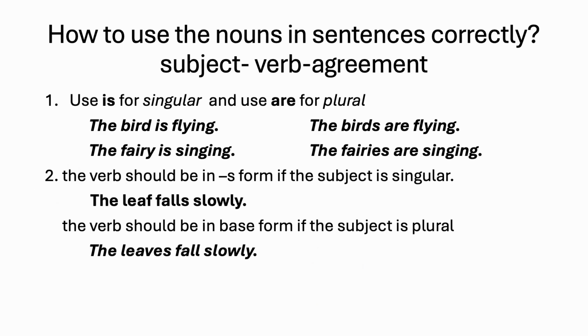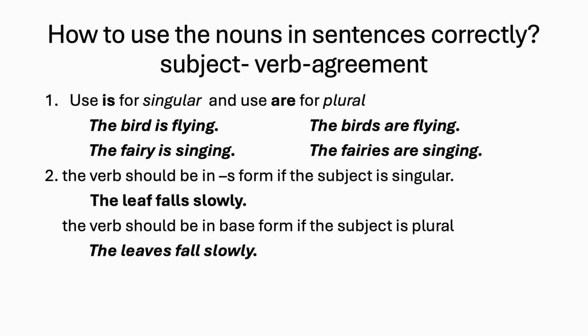Now, how to use the nouns in sentences correctly? For the subject-verb agreement, use is for singular and use are for plural. Example, the bird is flying. How many birds are there? Correct, it's only one. Therefore, we will use is. The fairy is singing. How many fairies?